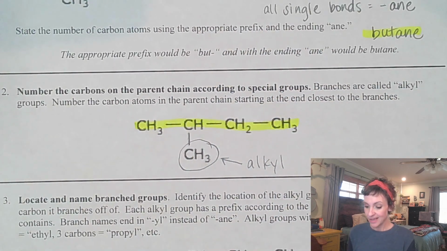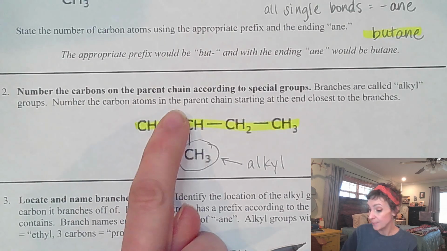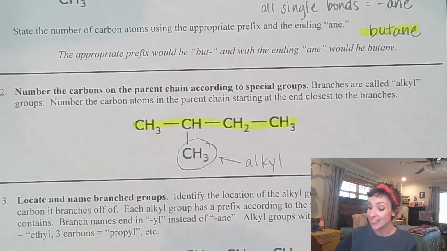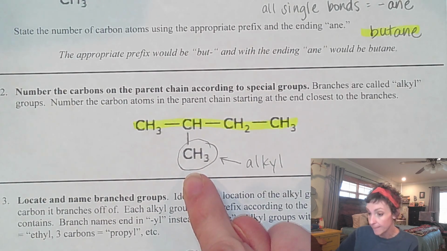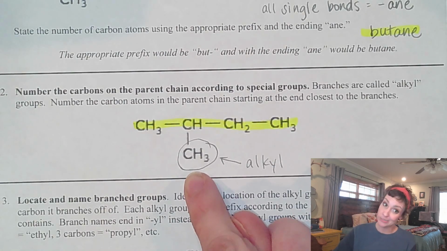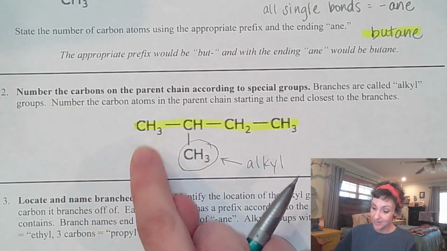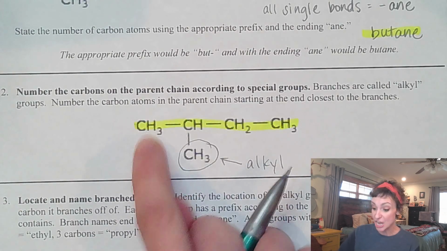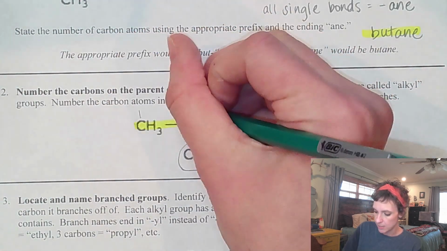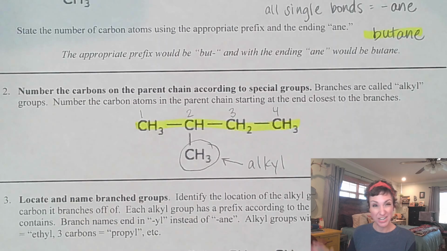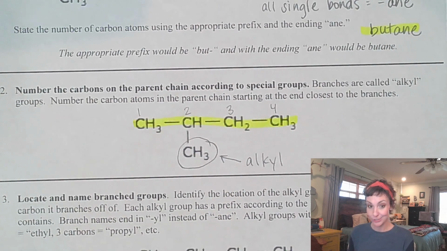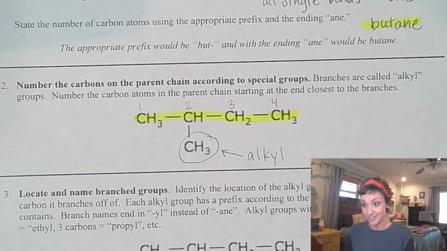I'm going to number my carbons in my parent chain starting at the end that is closest to this alkyl group. Well, the carbon that is closest to my first branch is that guy. So that's my carbon number 1. So 1, 2, 3, 4. So now I've established a numbering system. I'm actually going to use this numbering system to let you know on which carbon some of these cool branch things are on, which is really fun.